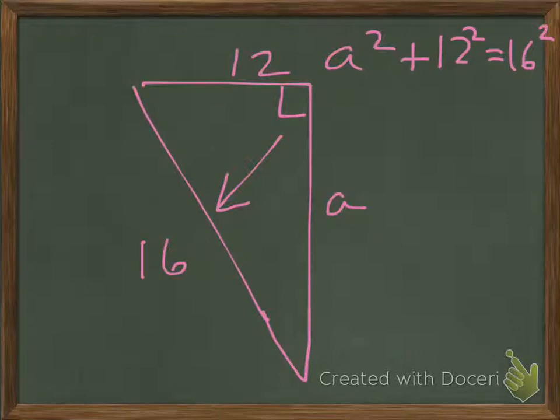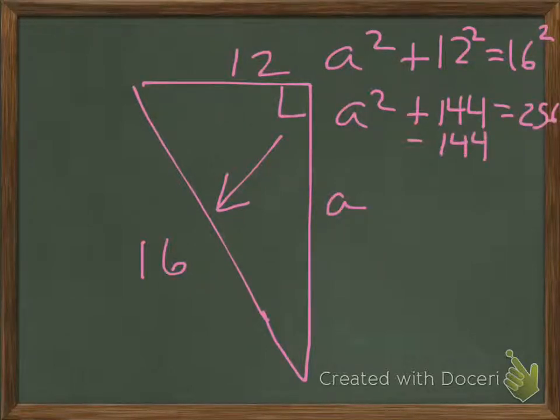This time we're going to solve for A. So A squared plus 144 equals 256. To get A by itself, we have to subtract 144, and we get A squared equals 112.